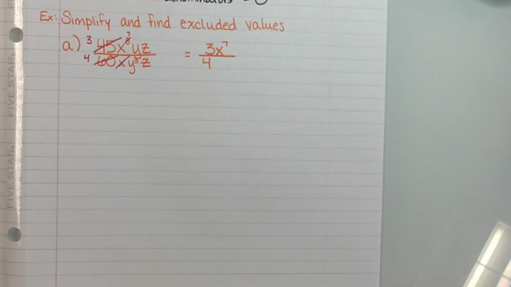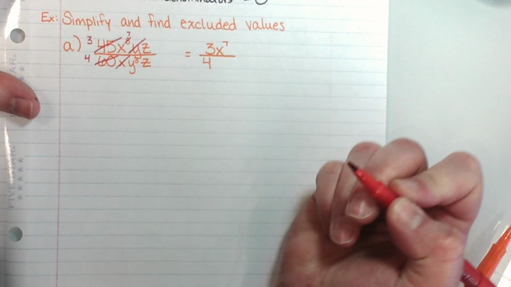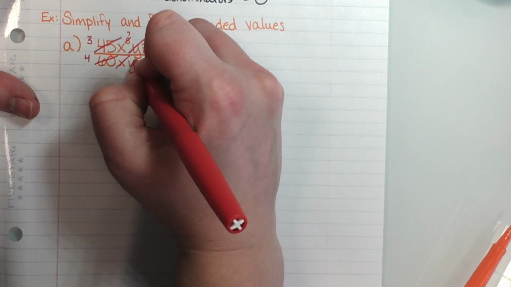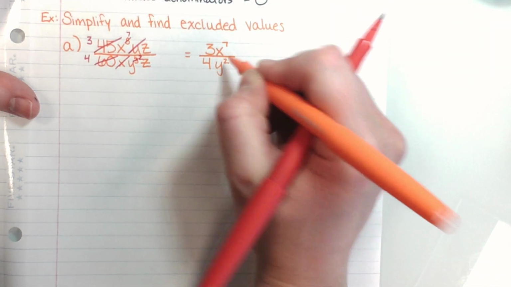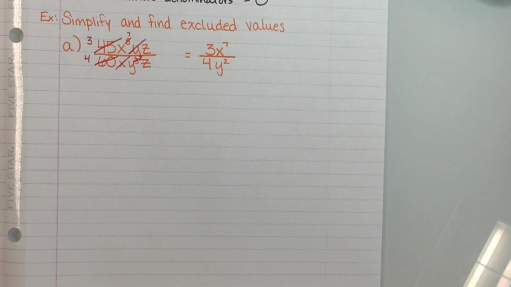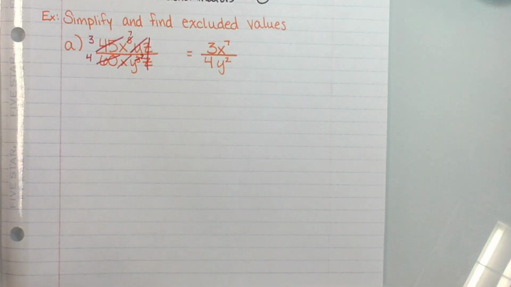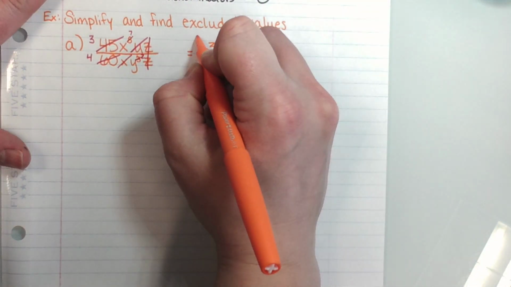I've got y and y cubed. Biggest thing I could divide out of both? Y, or y to the 1st power. That one cancels out, and on the bottom I'm left with y squared. Z over z cancels completely. This is the simplified form.